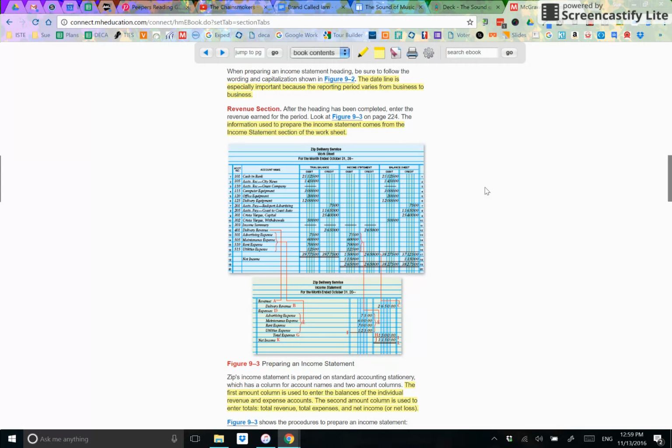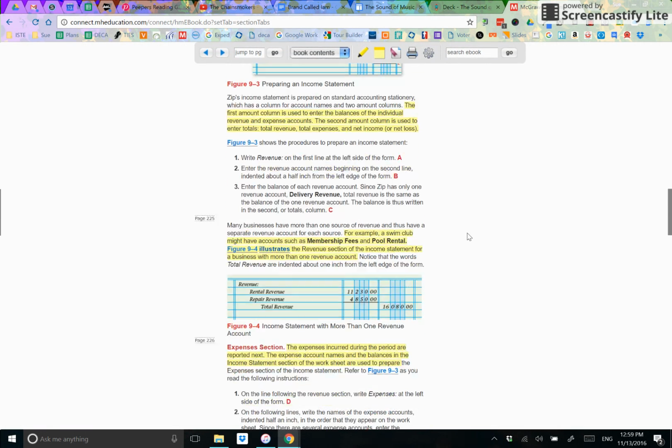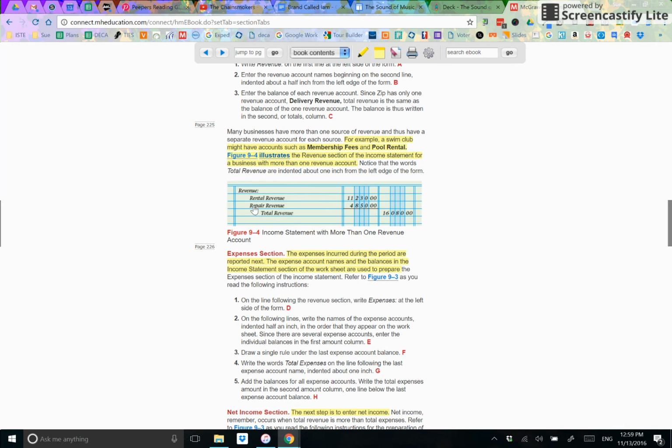So going back to the book, here's an example where a company had multiple revenues, which is probably more accurate. So in this case, they still write the word revenue on the left, and they indent and list their different types of revenue. Since they have multiple revenues, it's going to go in the subtotal column.